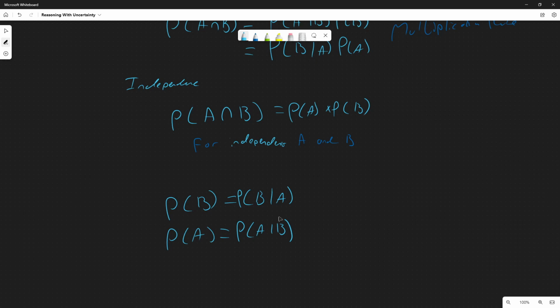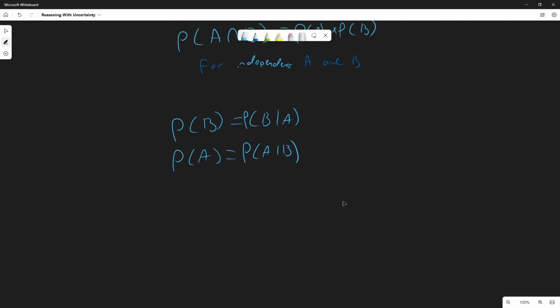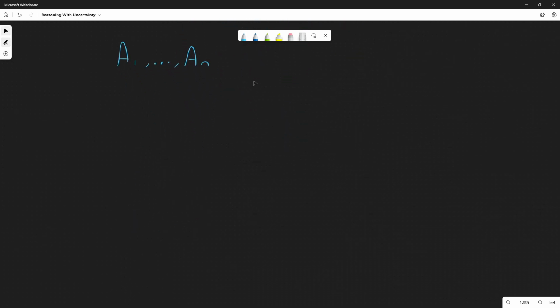And then finally, in terms of independence, we have two types of independent relationships for some number of sets. So if you have some number of events A1 all the way up to AN, then you have two types of independence: pairwise and mutual.